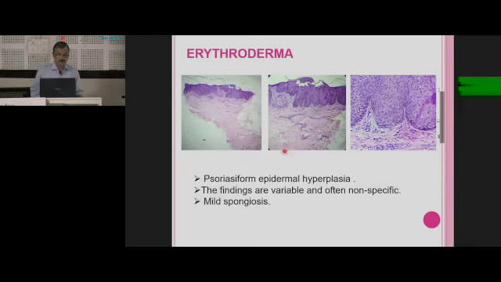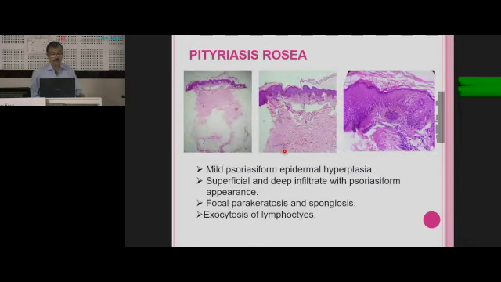Erythroderma, the findings are variable and often non-specific, and mild spongiosis will be seen. Pityriasis rosea, where superficial and deep infiltrate with psoriasiform appearance, focal parakeratosis, mild spongiosis, and exocytosis of the lymphocytes in the epidermis.